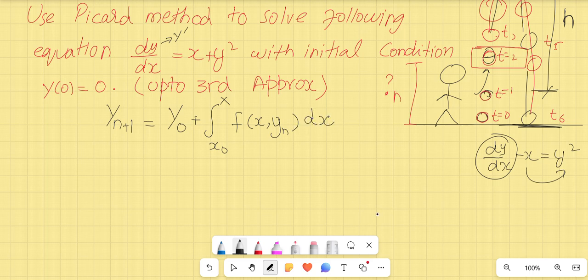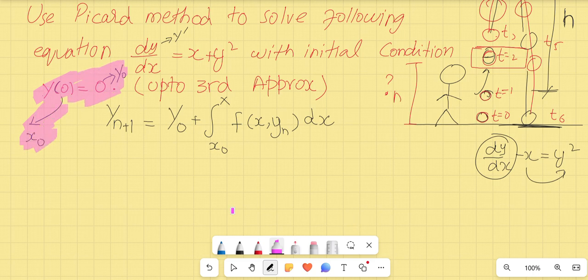All right, this is the formula. So most of the time, this one is your x naught, and this one is the y naught. These are your initial conditions that I'm going to highlight here. These are your initial conditions.